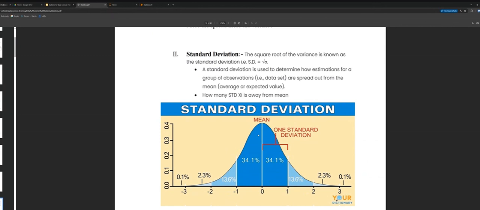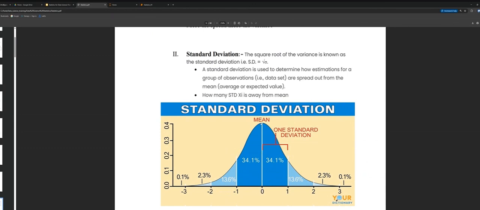Like I said, this is your bell curve, and this curve never touches the x-axis. Here it is showing touching, but it never touches, it just goes above that. Assume this is your mean.